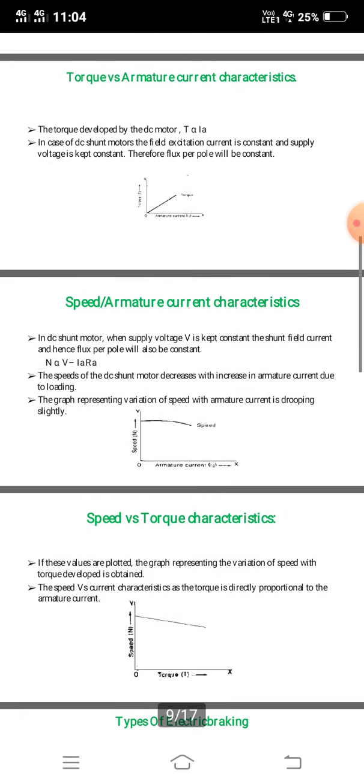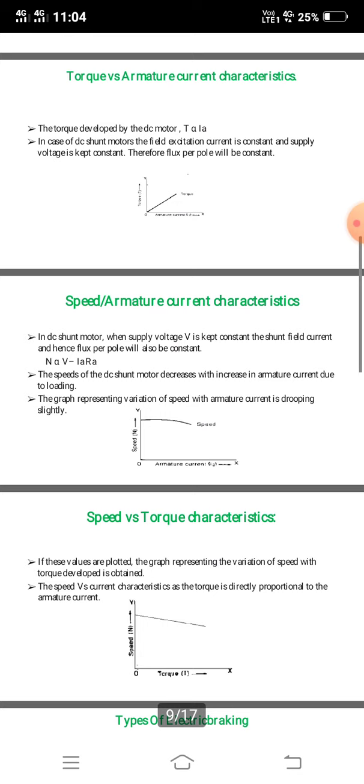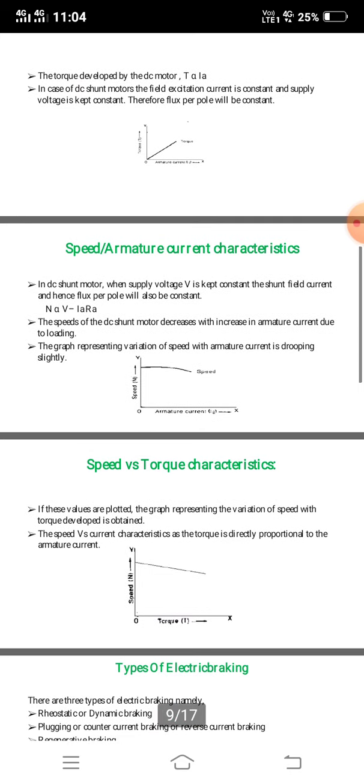The second thing is speed versus armature current characteristics. Here, the motor speed always depends upon the constant voltage minus armature current times armature resistance. So speed is proportional to V minus IaRa.